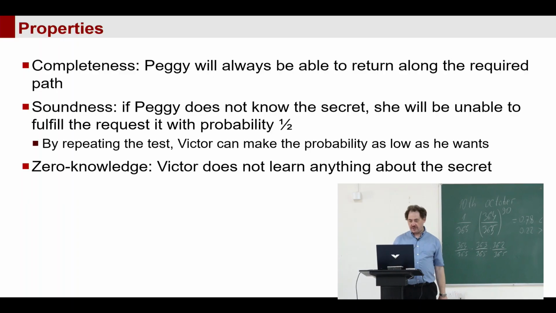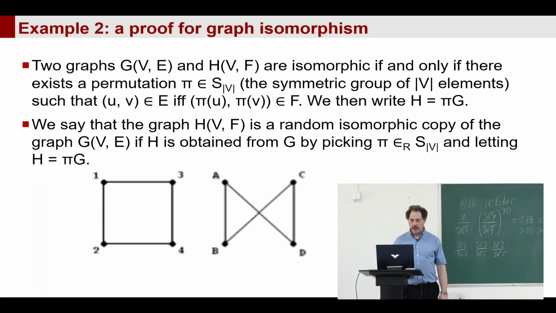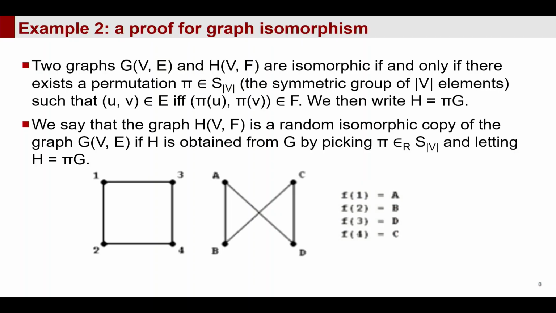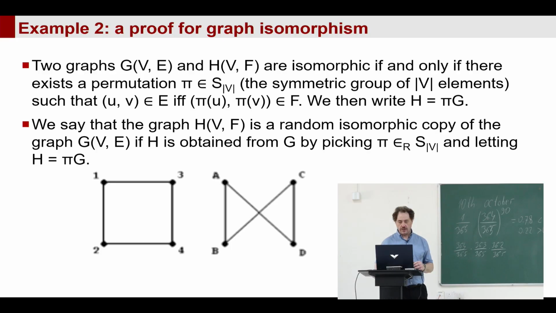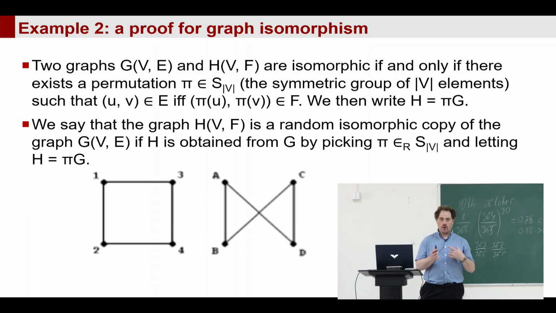Okay, so that was a simple example. Now let's take a look at more complicated examples of zero knowledge proofs, which I also use in practice. Example 2. A proof for graph isomorphism. What is a graph isomorphism? 2 graphs with the same set of nodes are called isomorphic if and only if there is a mapping between the nodes of the 2 graphs.